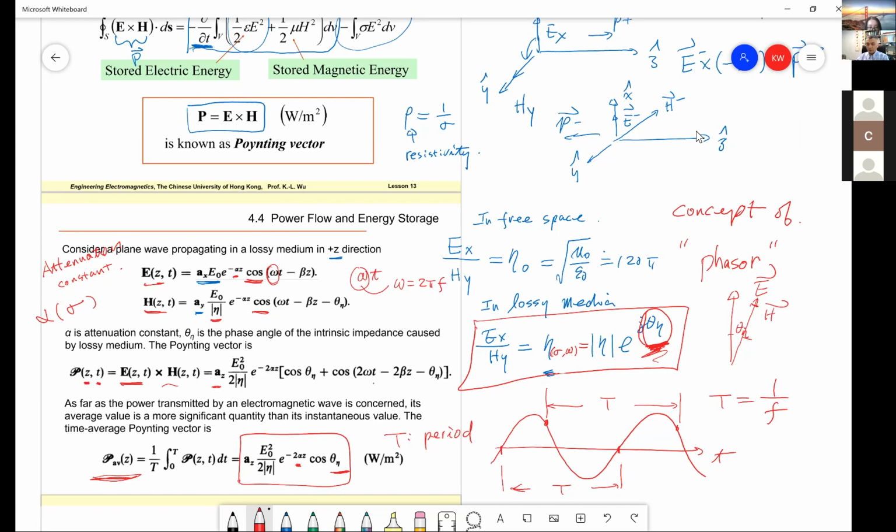So if you have a loss, once the wave travels, as Z increases, this attenuation factor decreases exponentially. So eventually it will die off.